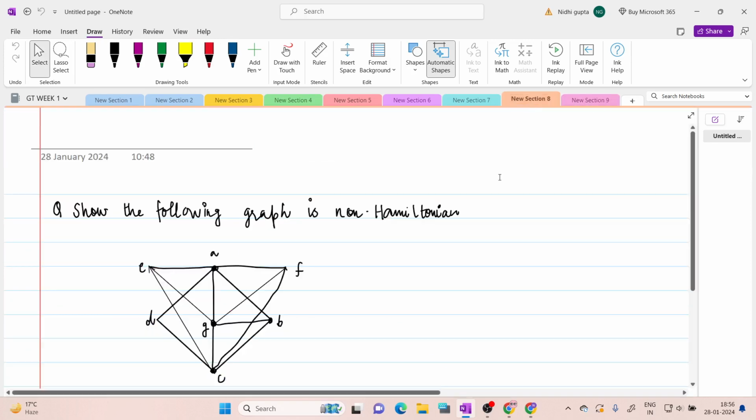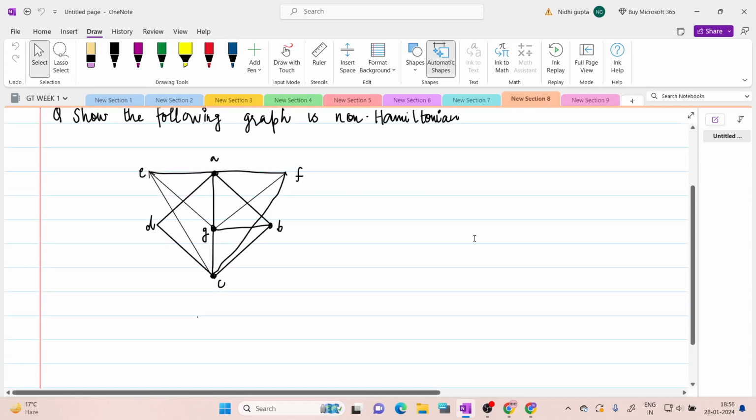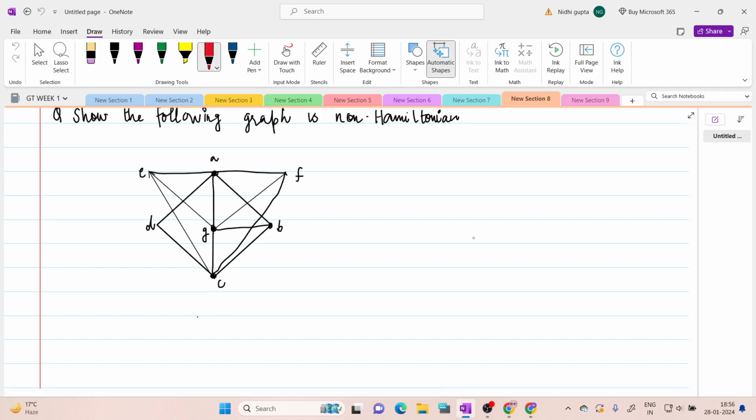Now I am saying that this graph is non-Hamiltonian.